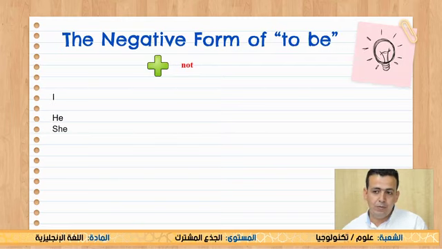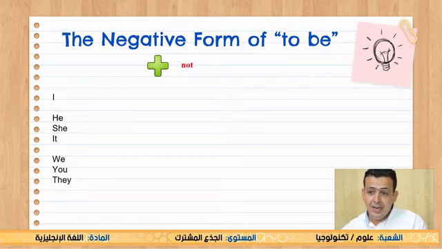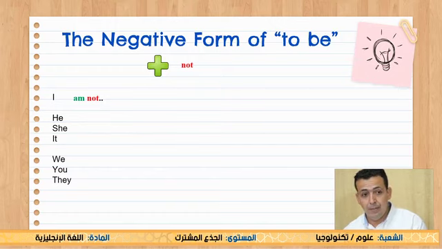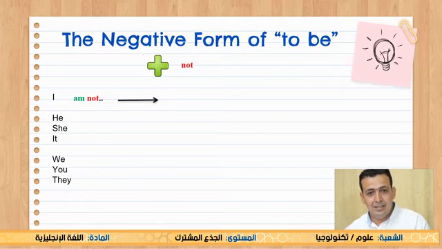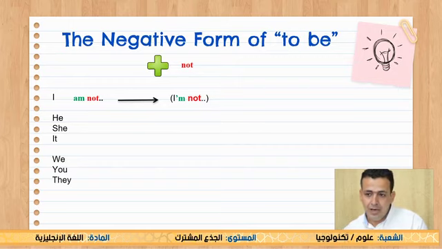So if we go to the first, which is I, as we have just seen, we say I am, and then we add not, and it becomes I am not. And then you finish. I am happy, I am not happy. And again we make it short, and it becomes I'm not happy.